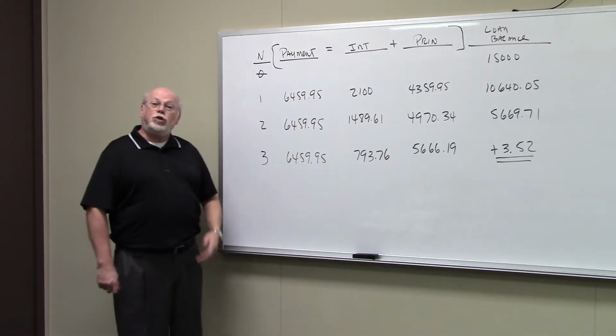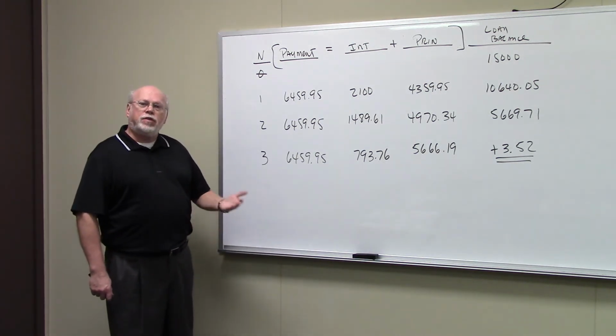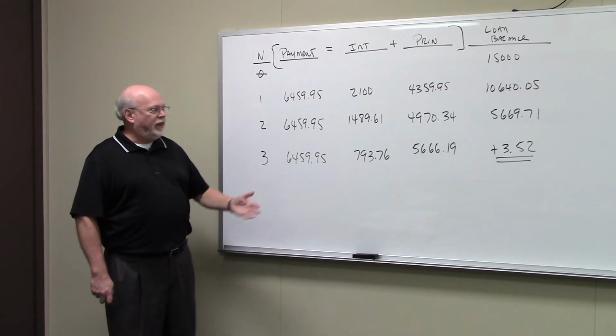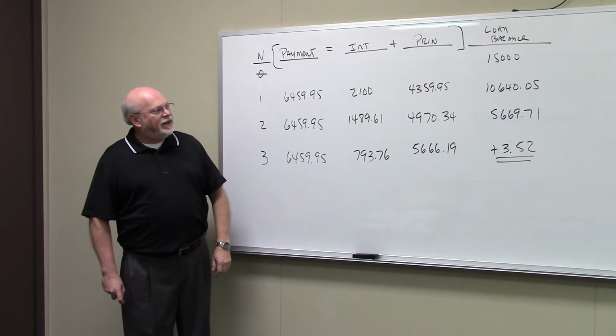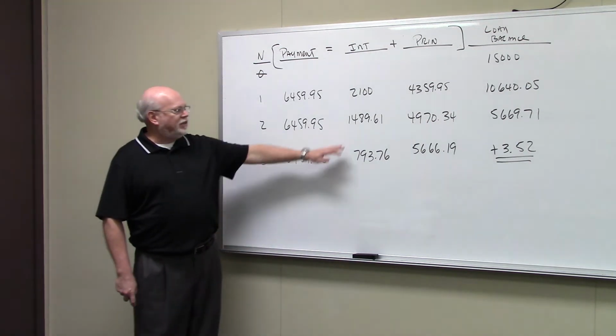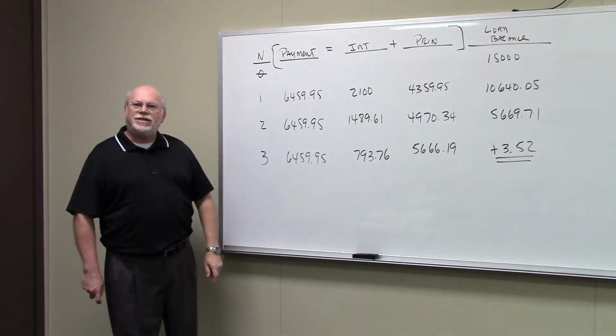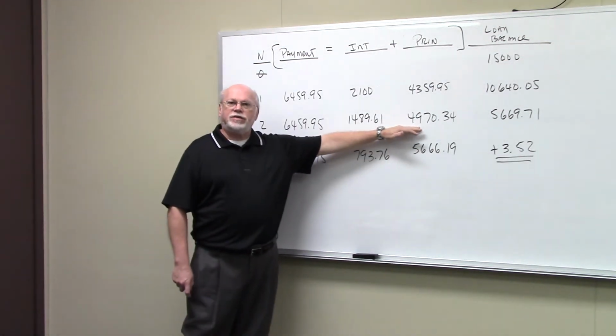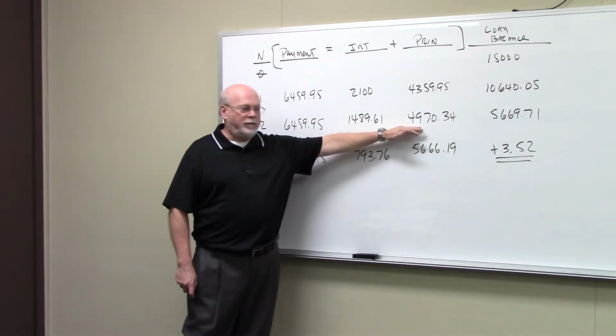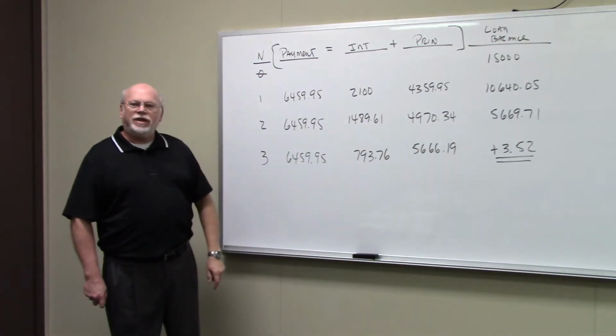So we start the second year of the loan owing the bank $10,640.05. We use that much of their money for a year. They're going to charge us 14% interest on that. 14% of $10,640.05 is $1,489.61. The payment minus the interest gives us the principal portion, the second payment, which is $4,970.34.